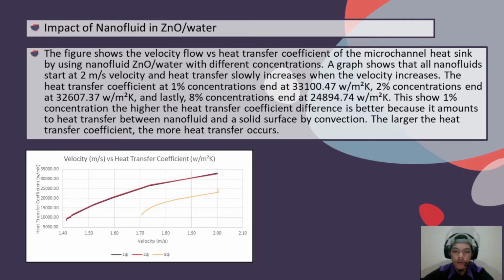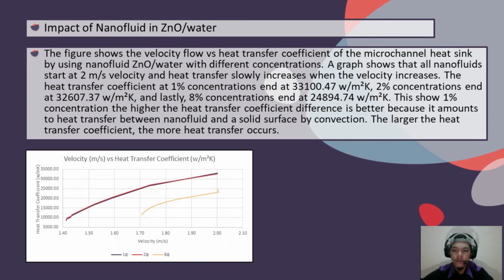The heat transfer coefficient at 1% concentration and at 33,147 watt per meter cubed Kelvin for the second concentration and at 32,607.37 watt per meter cubed Kelvin, and lastly for the third concentration at 24,894.74 watt per meter cubed Kelvin. This shows that 1% concentration has a higher heat transfer coefficient.